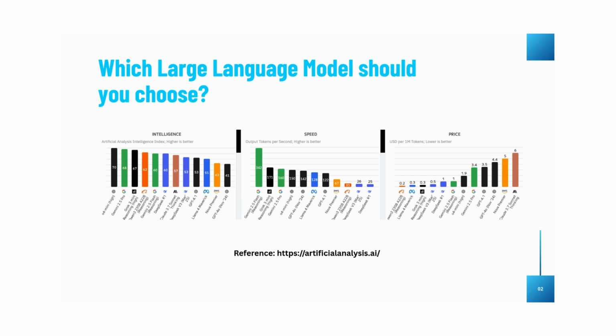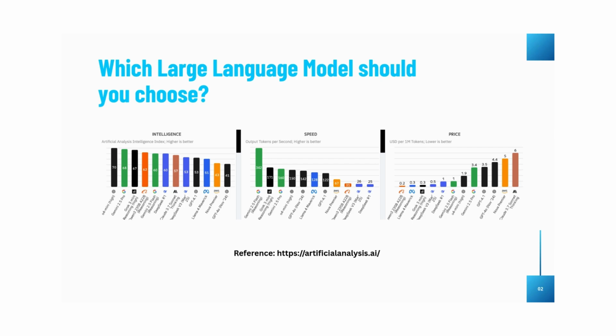Artificialanalysis.ai shows exactly how much you are paying per thousand tokens across models and providers so you can make data backed decisions. So, what's the best model for you? If you need deep reasoning, go with Claude 3 or GPT-4 Turbo.